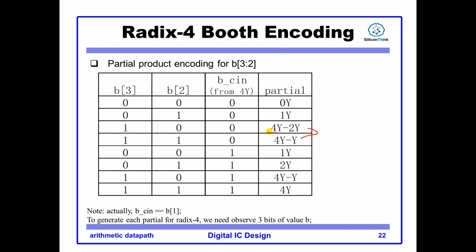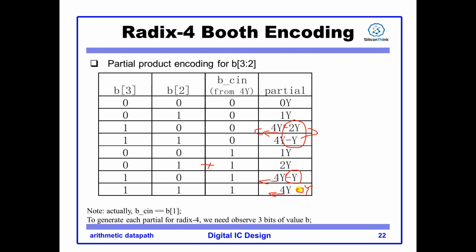Treat this as carry. Leave the 2 here. This is 1 plus 1. This is 2 plus 1. So we just leave 1 here, and this is carry. This is 4y. We just leave 0 1 here, and this is carry.